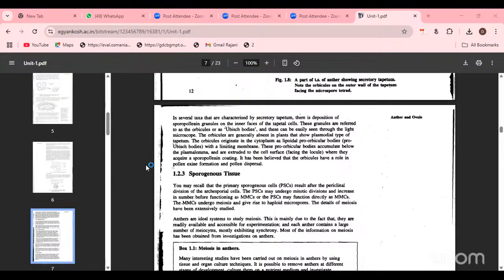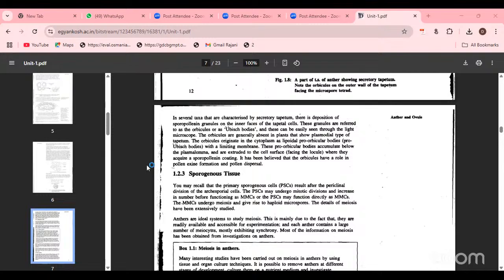The orbicules originate in the cytoplasm as lipoidal pro-orbicular bodies with a limiting membrane. These pro-orbicular bodies accumulate below the plasma membrane and are extruded to the cell surface where they acquire a sporopollenin coating. It has been believed that the orbicules have a role in pollen exine formation and pollen dispersal.